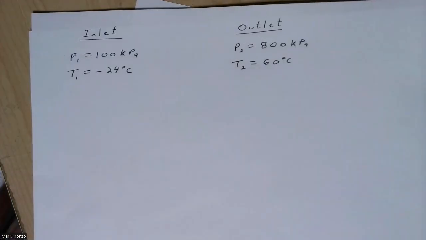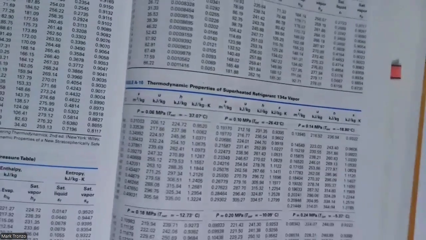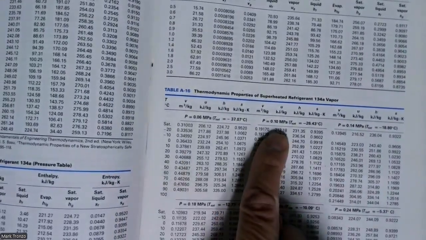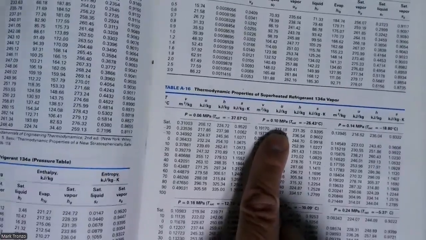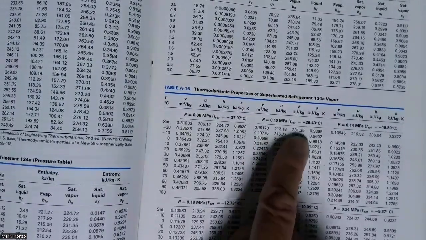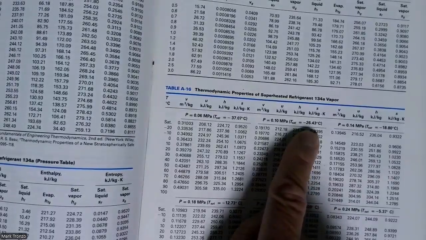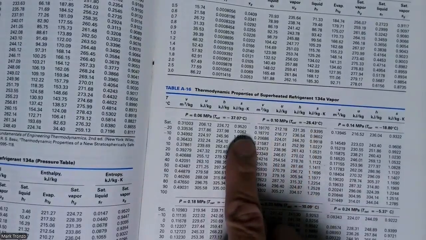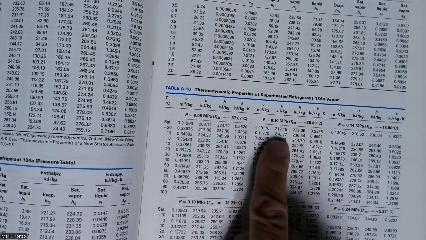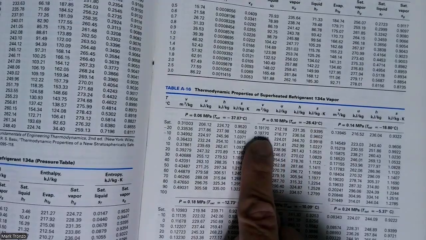So we have to go to the superheated tables. And so if we look over here at the superheated tables for, again, 0.1 and minus 24, you can see that's going to be between minus 26 and minus 20.